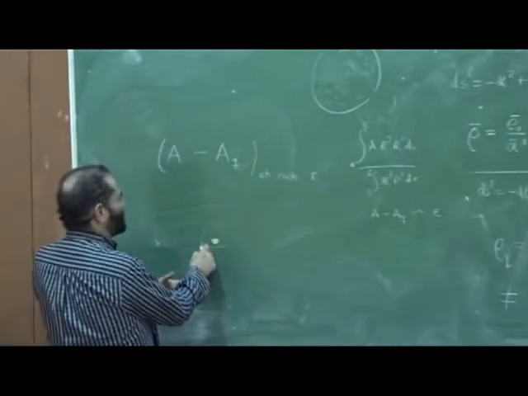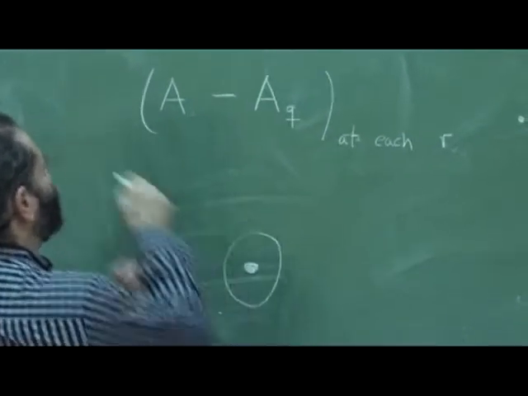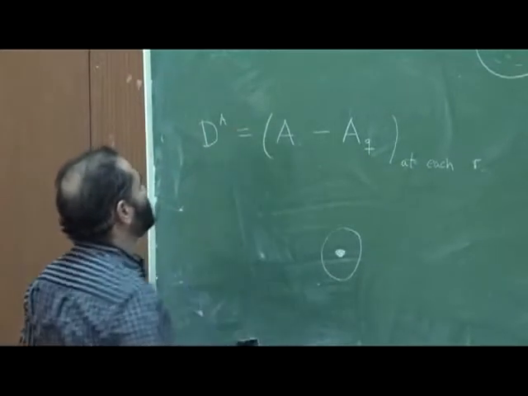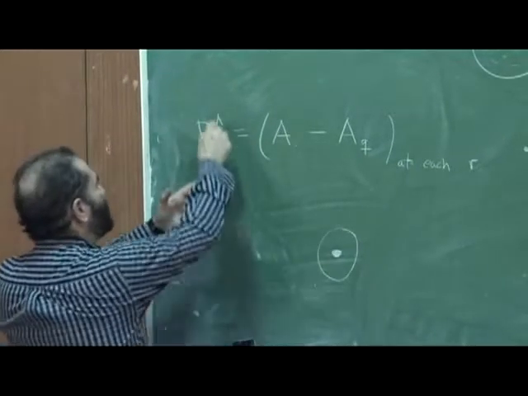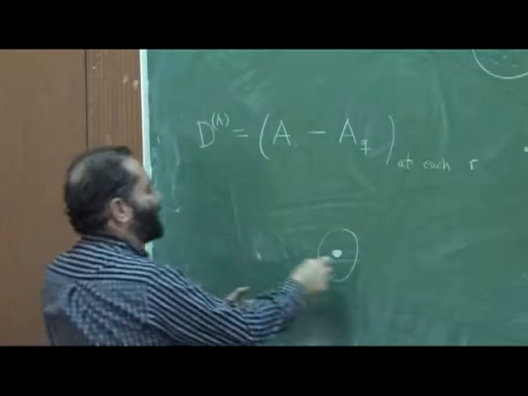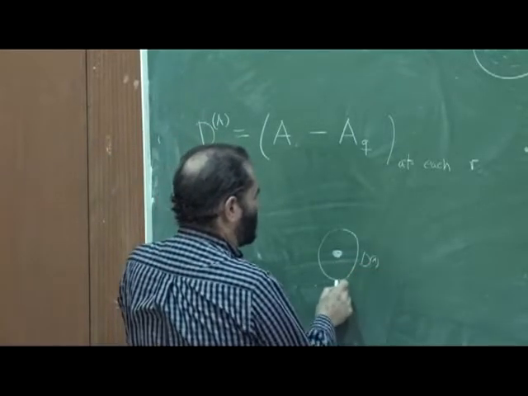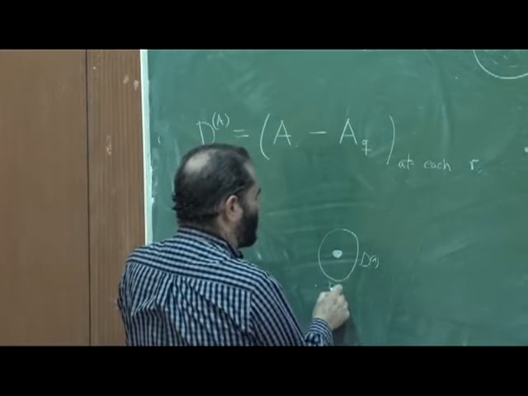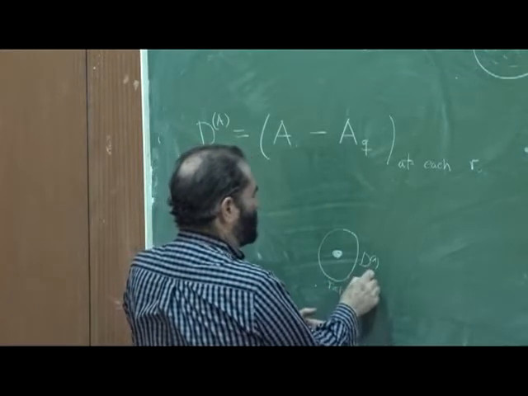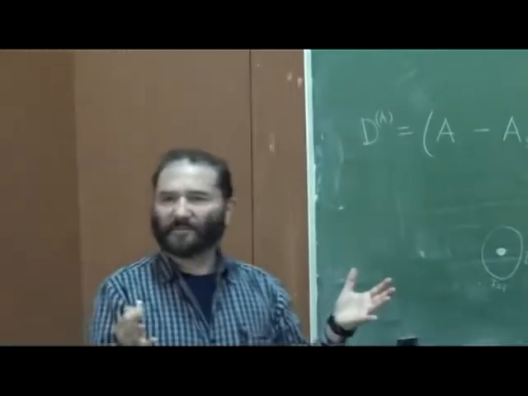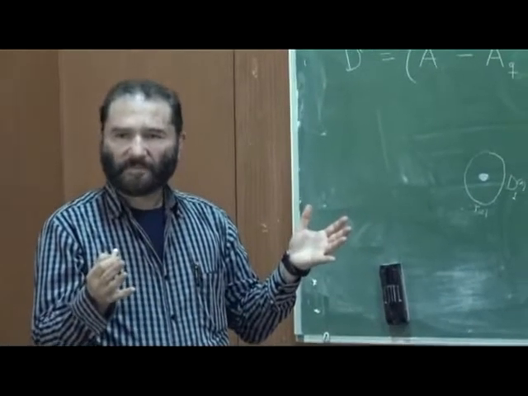Now, we take a small neighborhood. Let's call this delta A, right? So here we evaluate delta A for this r. Let's say r equals 1, delta A 1, okay? And it's a number.